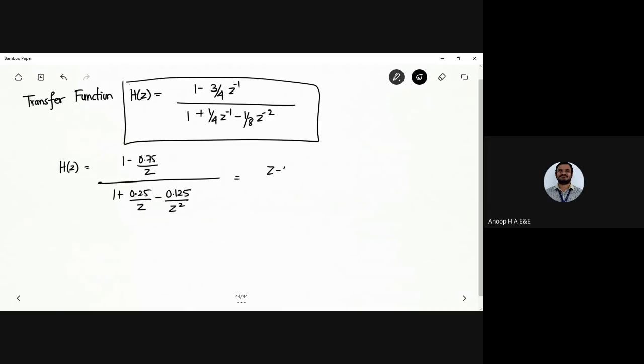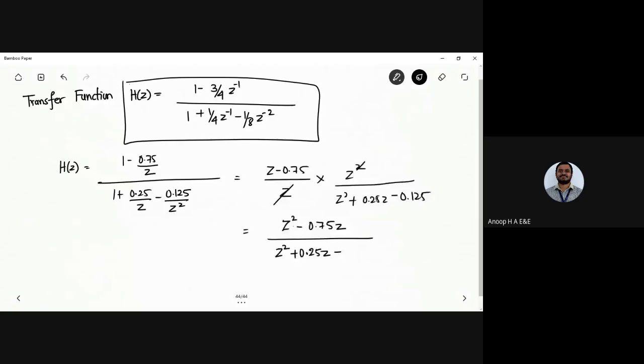Multiplying through by z squared, we get z squared minus 0.75 z divided by z squared plus 0.25 z minus 0.125, where z gets cancelled.